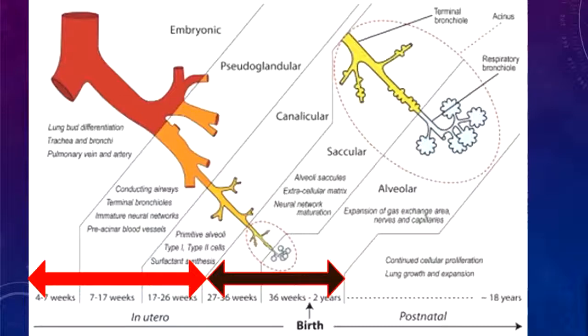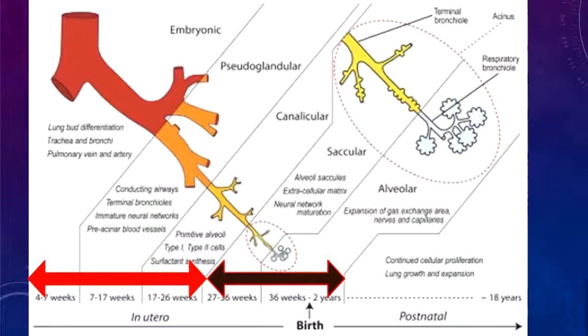From 27 weeks up to 2 years, the smaller pulmonary vessels develop along with the development of the alveoli. That is a major factor in determining whether pulmonary hypertension develops in the patient or not. If the alveolar development is not proper, the pulmonary vasculature development will not be proper.